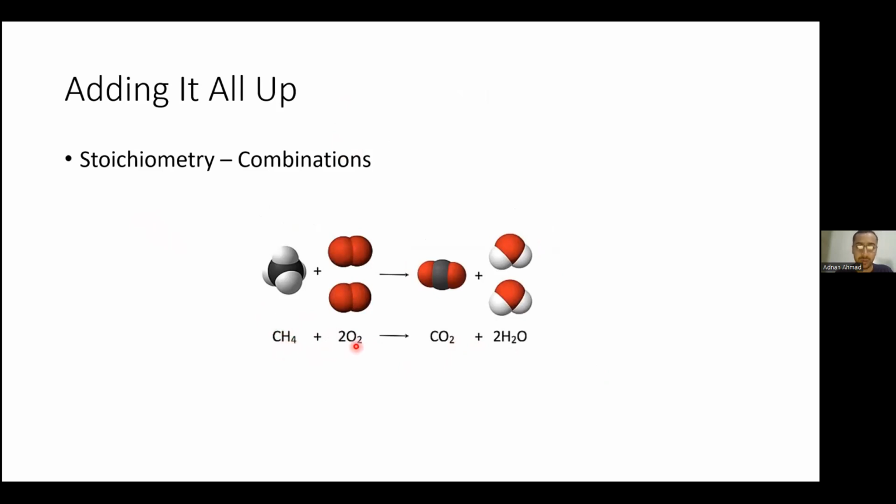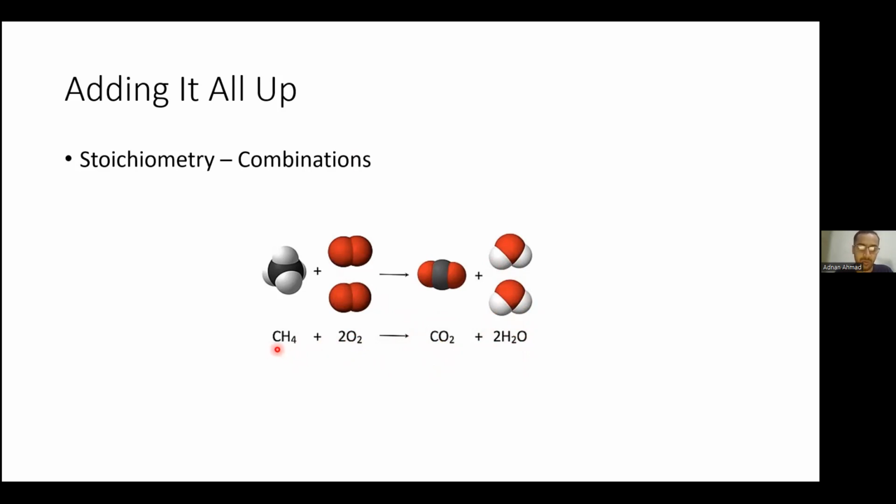It is reacting with two molecules of oxygen, which are represented here in red. And these reactants are reacting together, and they are converting into carbon dioxide, CO2, and we are getting two water molecules.